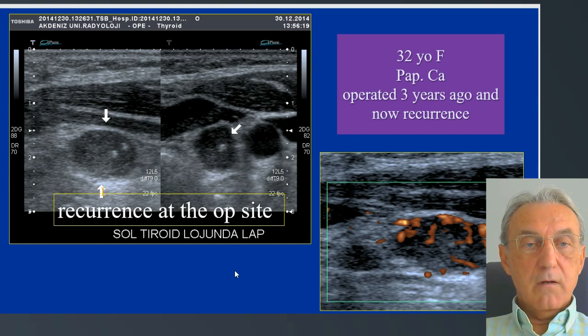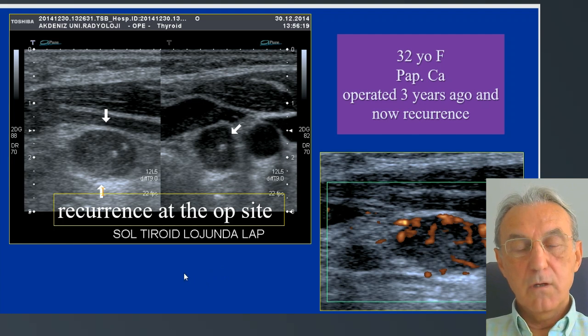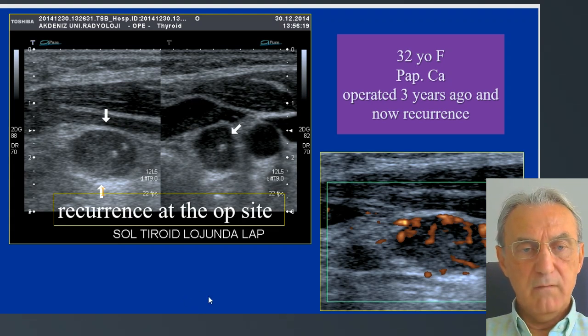This is a young female with papillary cancer who was operated 3 years ago, and now there is recurrence. You can see the recurrence as a hypoechoic nodular mass with punctate echoes inside, and there's also an accompanying enlarged lymph node in the left side.